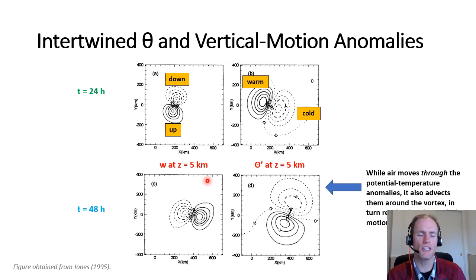Part of it's because of the inclusion of moist processes. Part of it's because we do have that constant vertical wind shear forcing. It's not as if it happens initially and then the vortex evolves on its own after that point in time. But still, in the absence of all of that, we can see how these features would rotate around each other and lead to ascent being favored in different locations over the course of time.